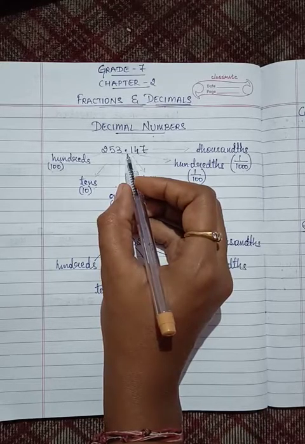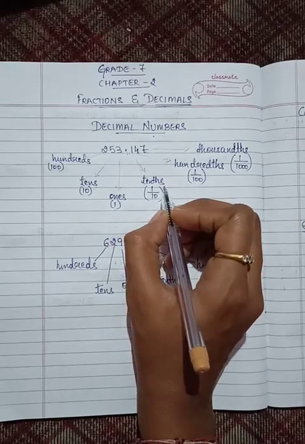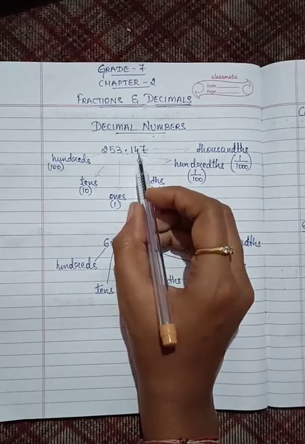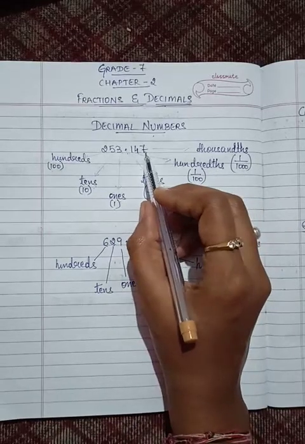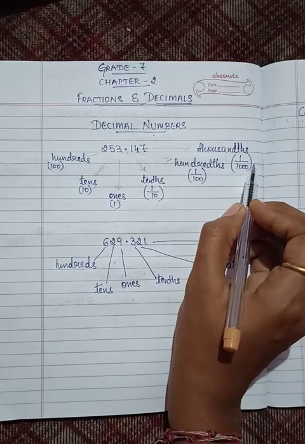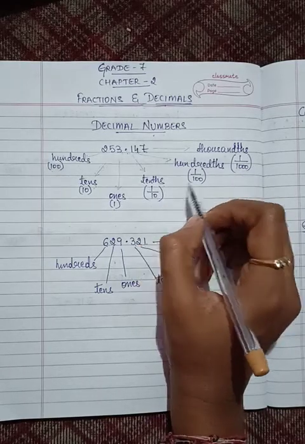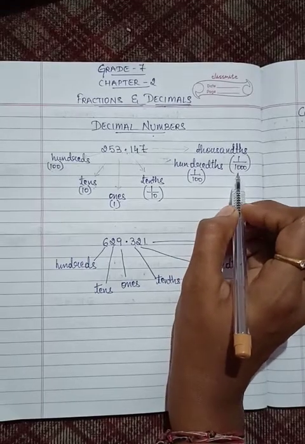Pay attention, students. 1 is in its tenths place, 4 is in its hundredths place, and 7 is in its thousandths place. They are denoted by 1 by 10, 1 by 100 and 1 by 1000 respectively.